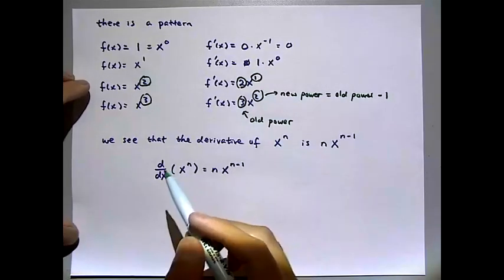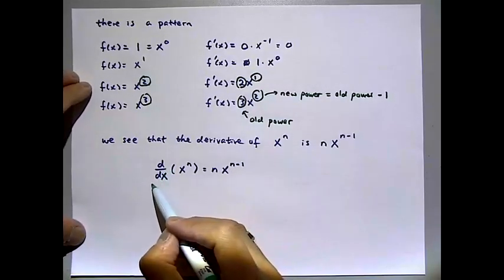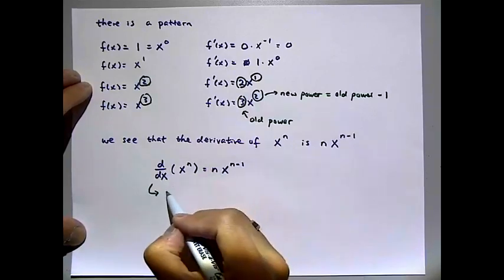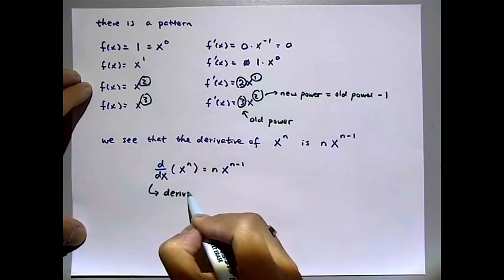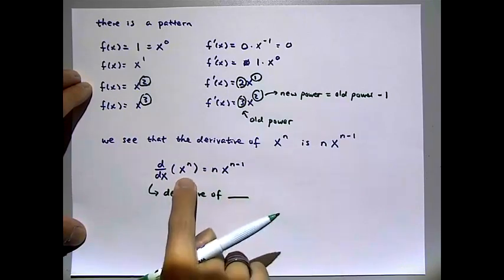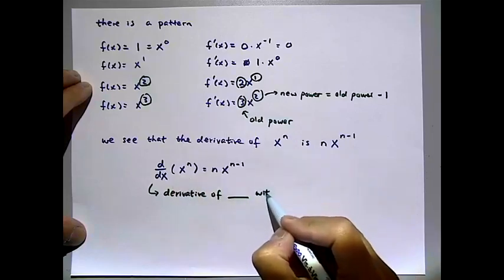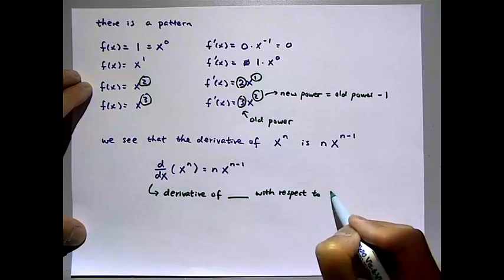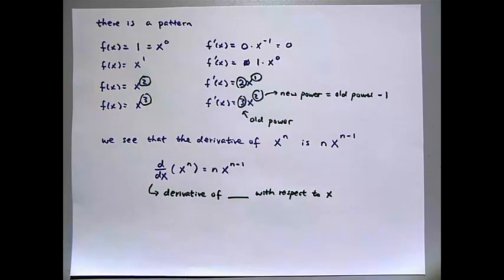This funny-looking fraction-looking thing right here means the derivative of whatever's following it with respect to x. What that means is that we're taking the derivative of whatever's right after this thing, x to the n in our case.